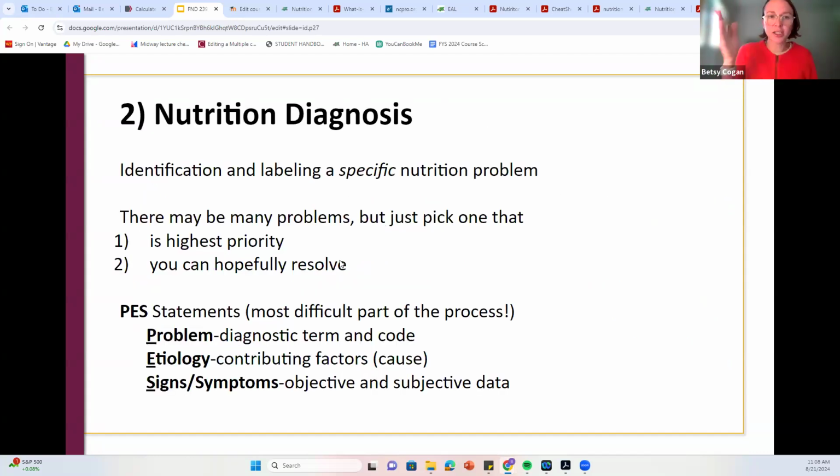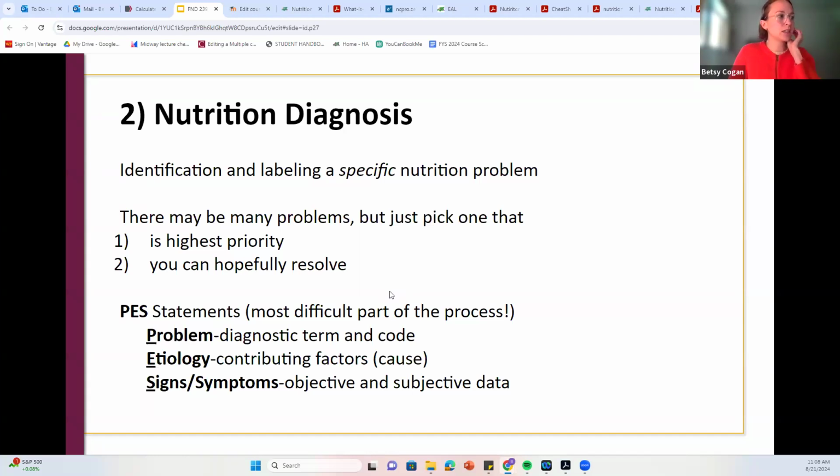So after we've collected all of that data, nutrition diagnosis is the next step in the NCP. So we are going to identify a nutrition problem, and then we're going to use our assessment data to support that diagnosis, so that we can move forward into deciding an appropriate intervention.